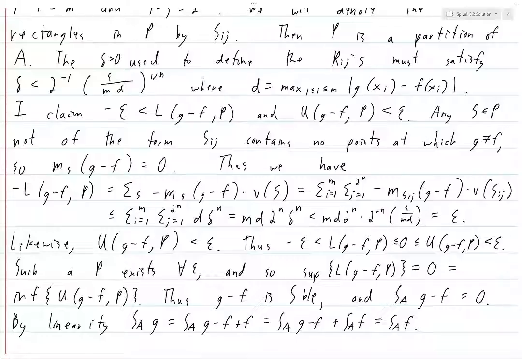And it turns out that more is true. It turns out that you can change a function at infinitely many points and not change the integral. However, you can only change it at countably infinitely many points.